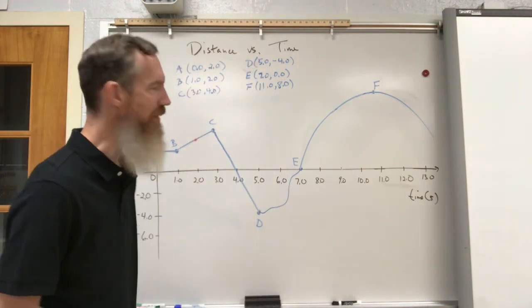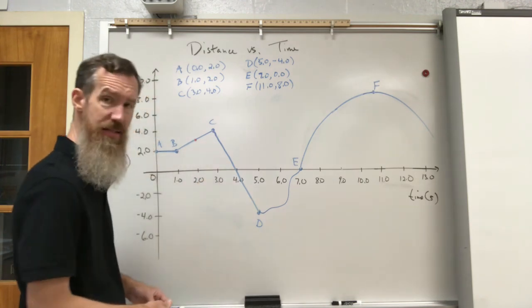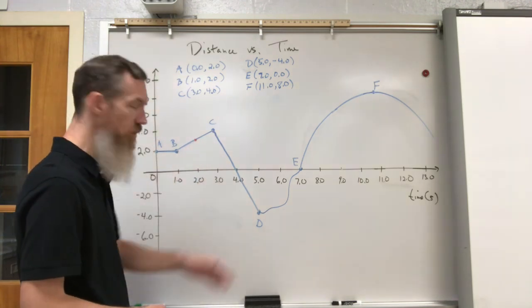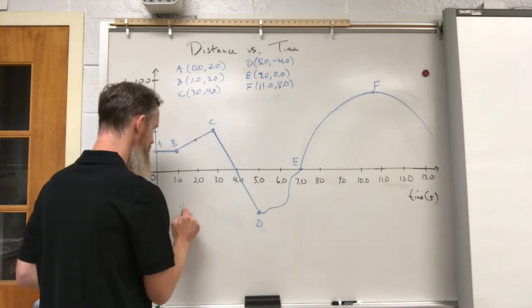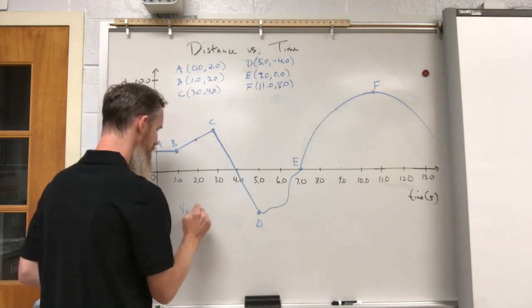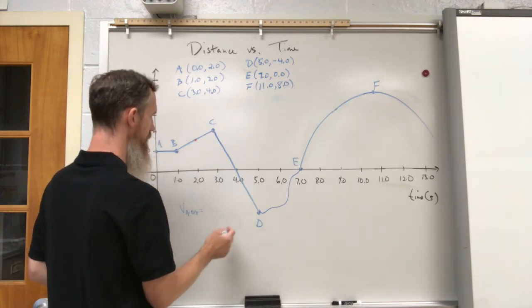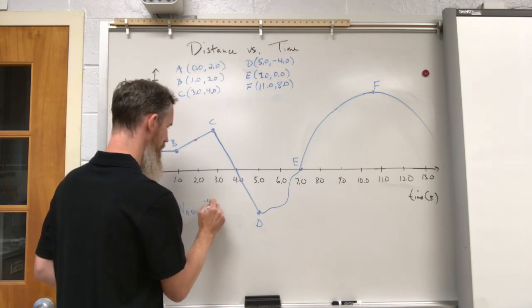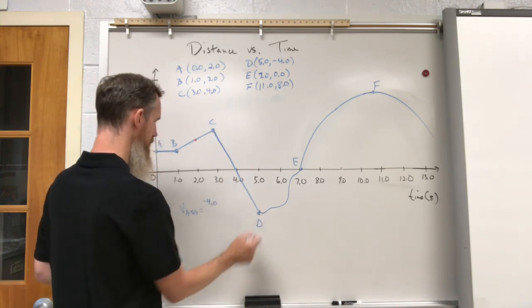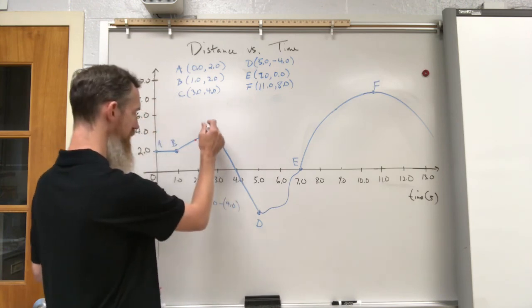It really doesn't matter. And so, well, what's happening with the velocity during that time frame? Well, again, you can do the average velocity, and you can do x2 minus x1. So we can go x2. Well, x2 is minus 4.0, because we end up down here at point D, minus 4.0, because we started up here.